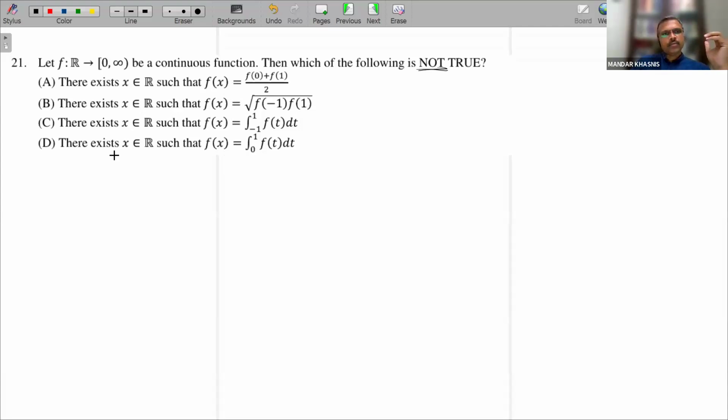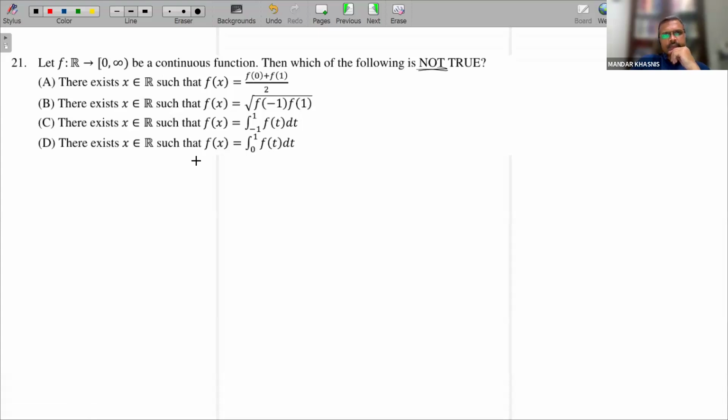Someone said C is not true. Fine. Why should D be true? Can someone prove D? Sir, Riemann integrable.